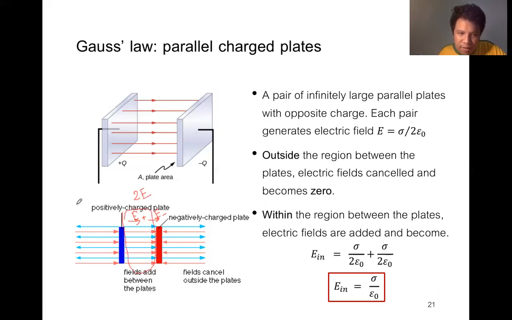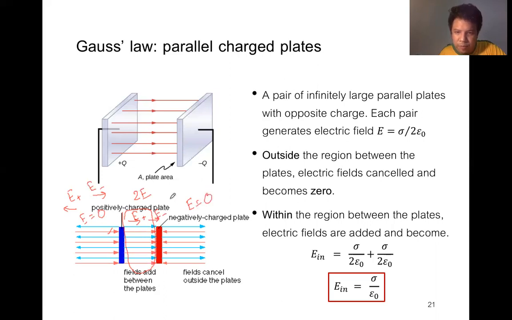But outside the plates, you can see that E from the positively charged plate goes to the left, and E from the negatively charged plate goes to the right, so the total electric field here is 0. And also the total electric field on the other outside region is 0.